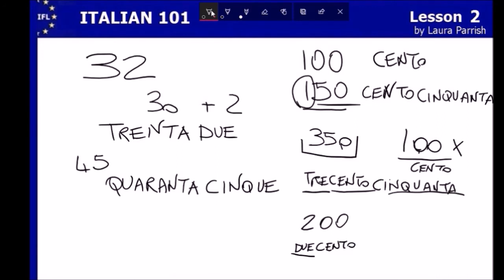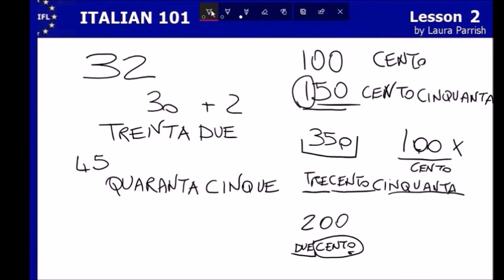Of course, you put the 2 in front, but here you don't make it plural. You don't make plural the last part. Different than in English, that will be 100, 200, 300, you add the S, you make it plural.